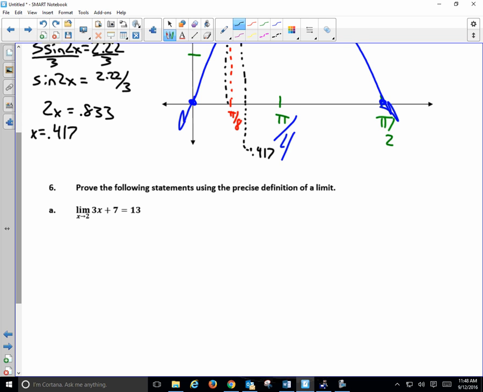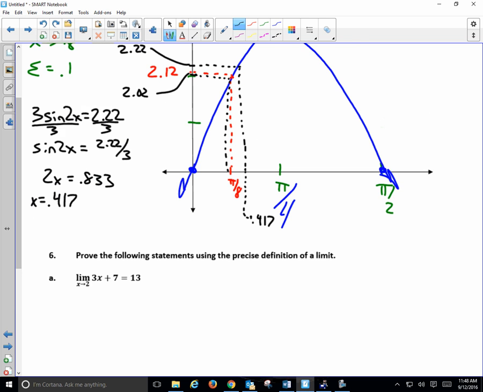Okay, I'm going to find the next x value the same way. Put it over here. 3 sine of 2x is equal to what? 2.02 divided by 3 is sine of 2x.